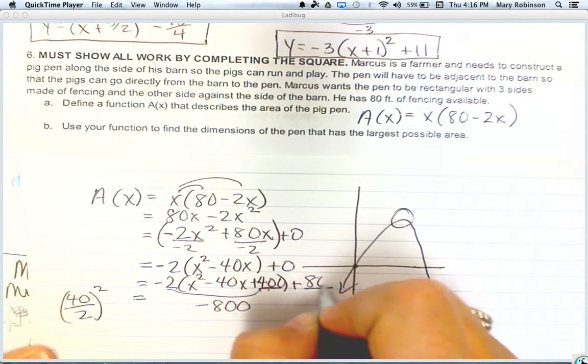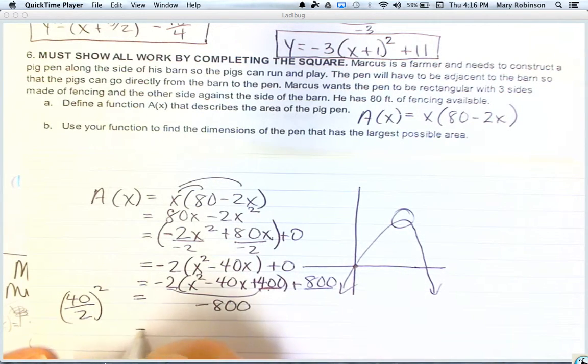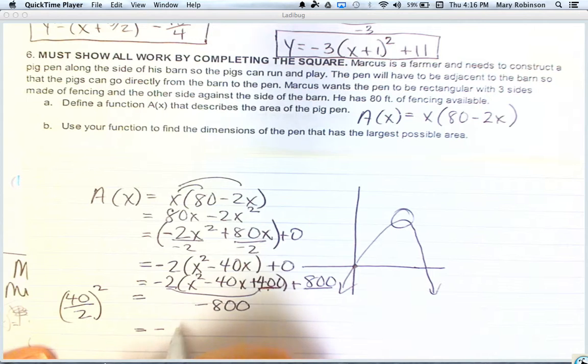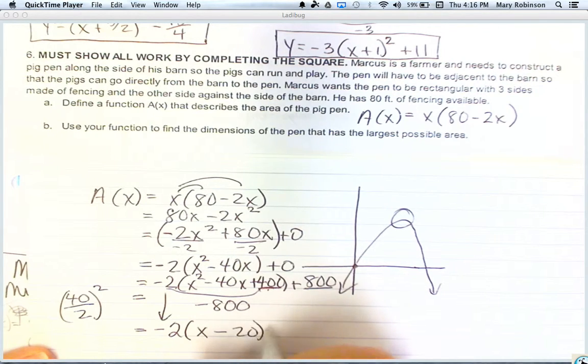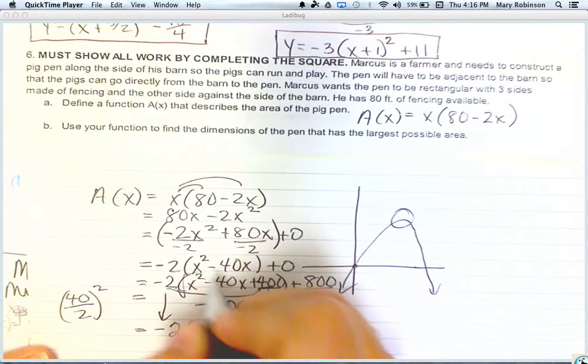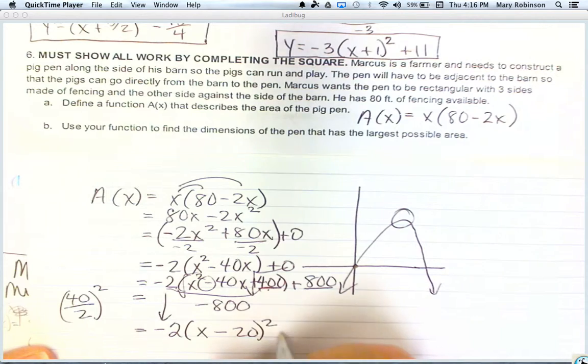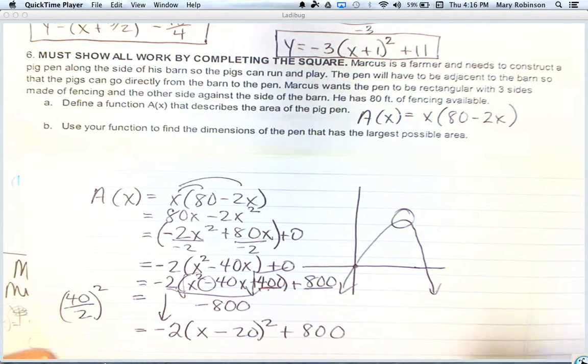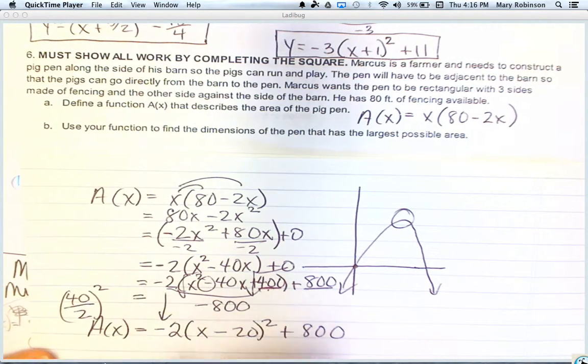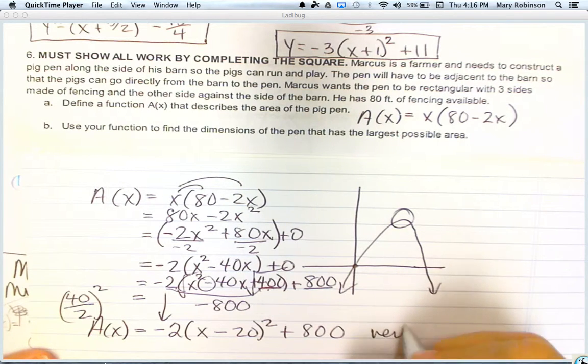So we need to counter that by putting plus 800. Bring down your a value and factor this, x minus 20 quantity squared, remember square root, keep the sign, plus 800. So this would be our function in vertex form.